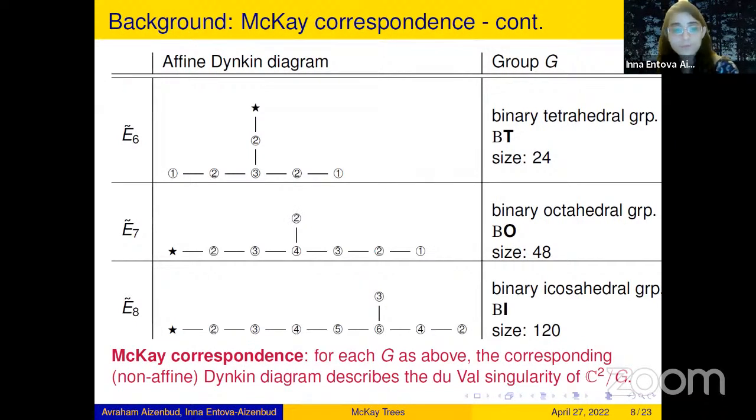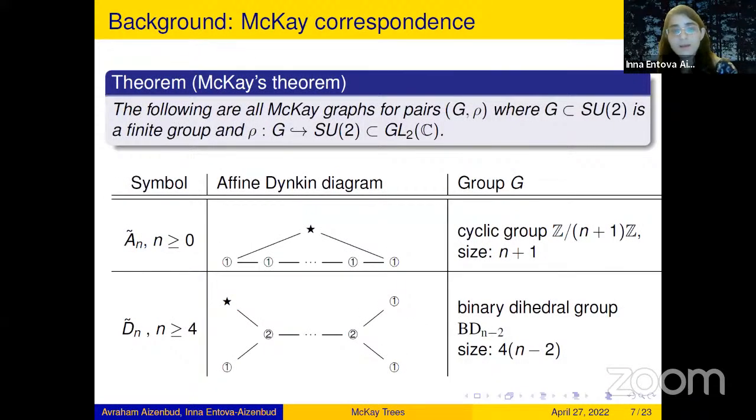So let me go back to the previous slide for a moment. If I take the first finite subgroup, which corresponds to the affine Dynkin diagram of type An, that would be the cyclic group on n+1 elements. The finite subgroup corresponding to the affine Dynkin diagram of type Dn is the binary dihedral group. So what do I mean by binary?